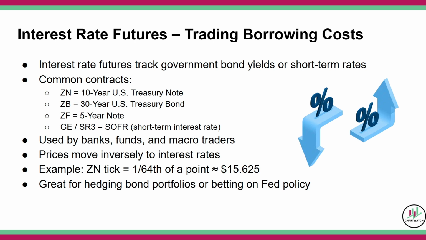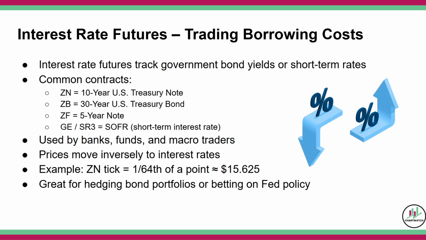These contracts have unique pricing systems. They're quoted in fractions. For example, ZN is priced in 1/32, and a half of 1/32 of a point. So a tick in ZN is 1/64th of 1 point, which equals $15.625 per contract.